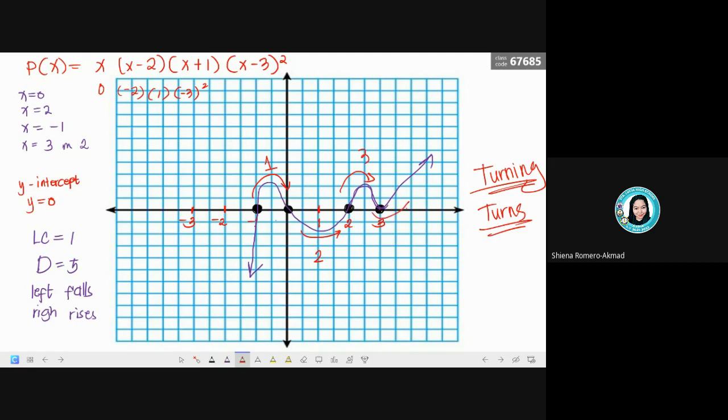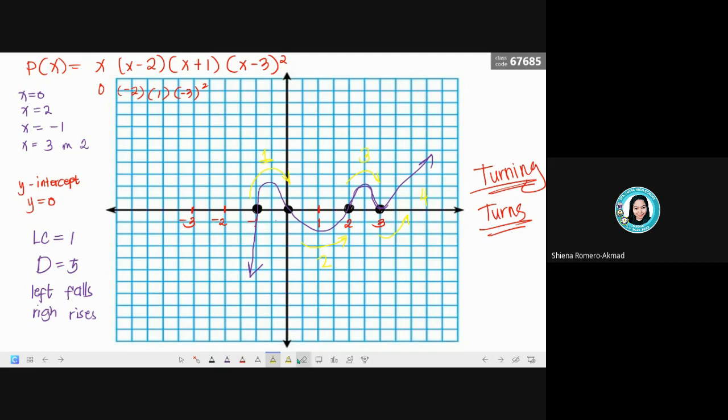Pang-apat na turn. So, ang number of turns natin, yan natin. Erase natin. Ulitin ko. Gamit tayo ng color yellow. So, ito, 1. Ito, 2. Ito, 3. Ito, 4 turns.